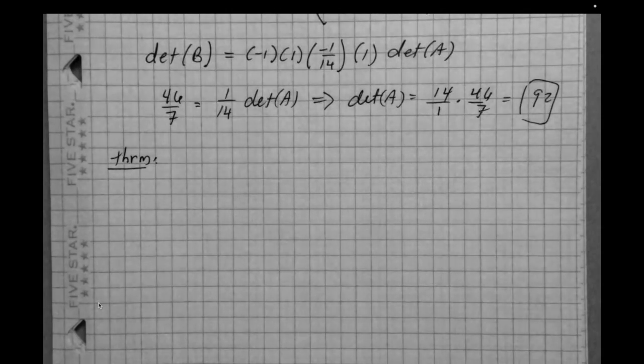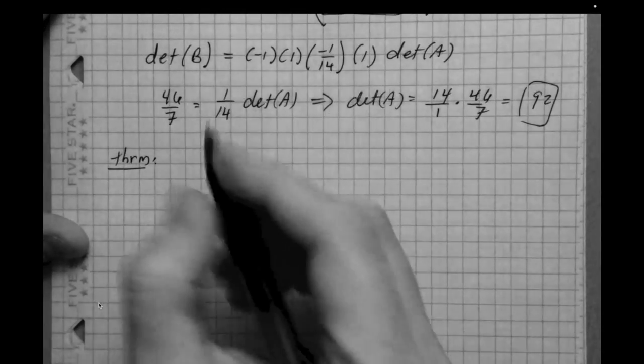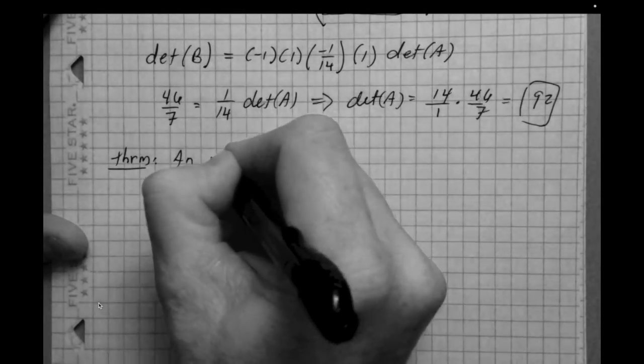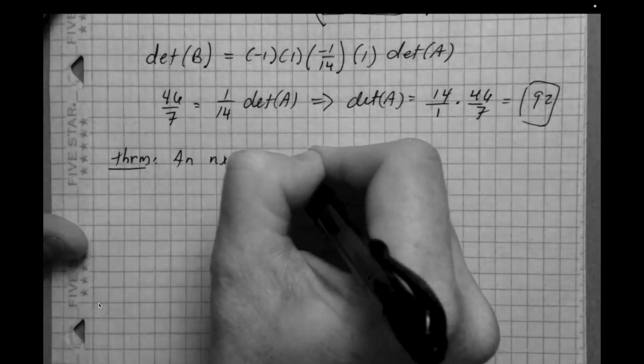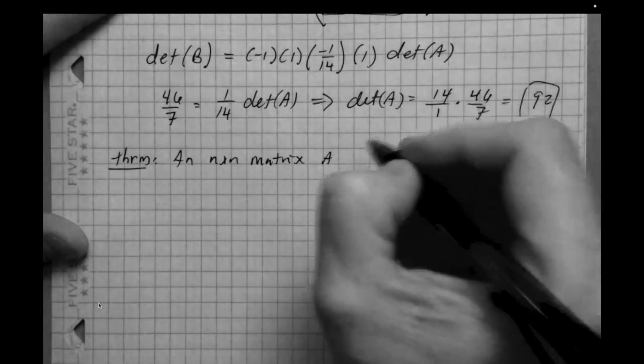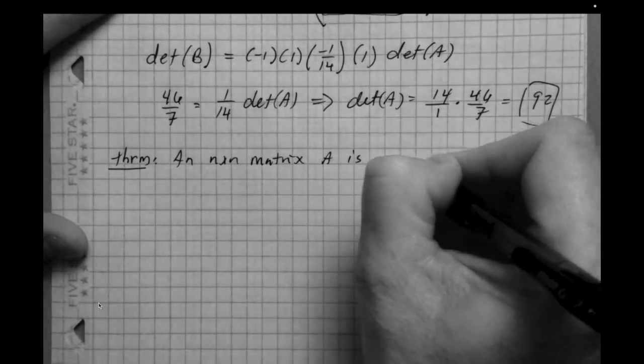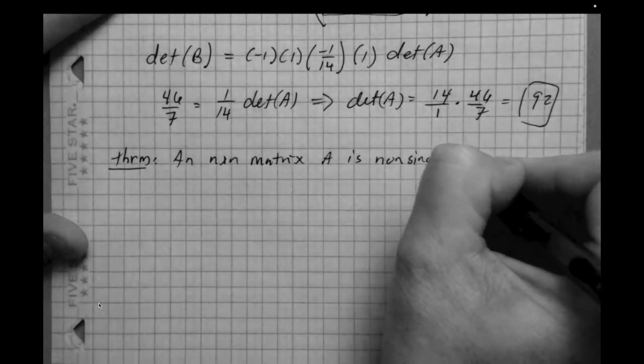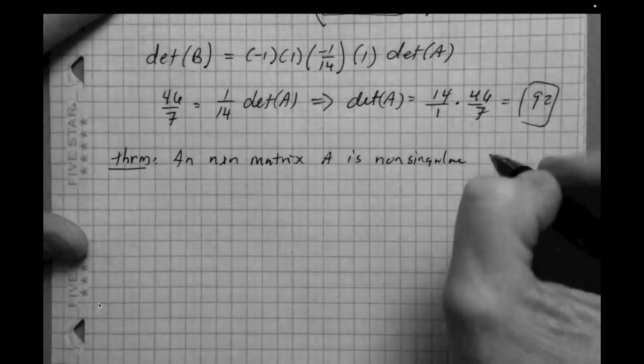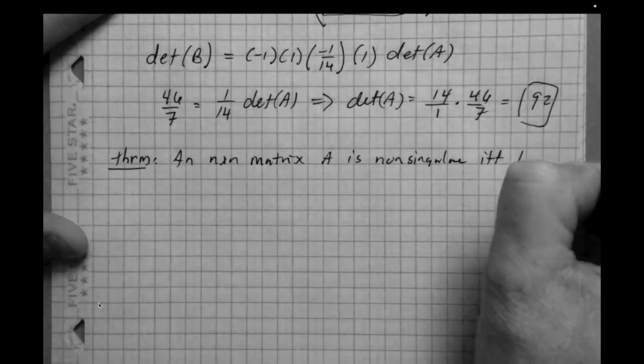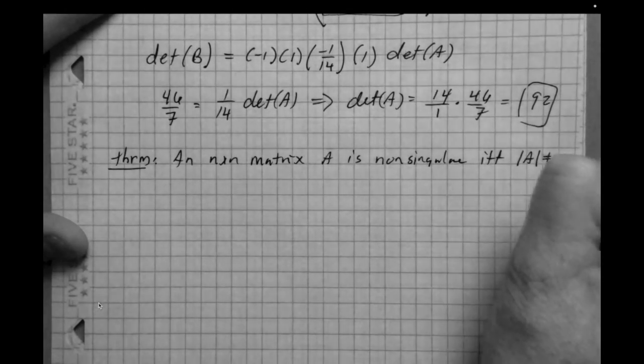And it's going to do it via the value of the determinant, right? And so an n by n matrix A is non-singular if and only if the determinant of A is non-zero.